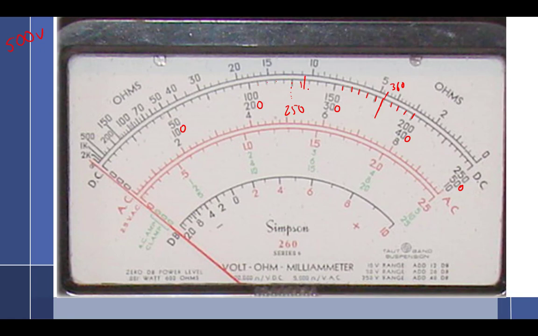So it's somewhere between 260 and 270. What do you say it is? He says 265. She says 264. I'm not going to argue with either one of you. You're getting as close as you can. It's your best estimate.